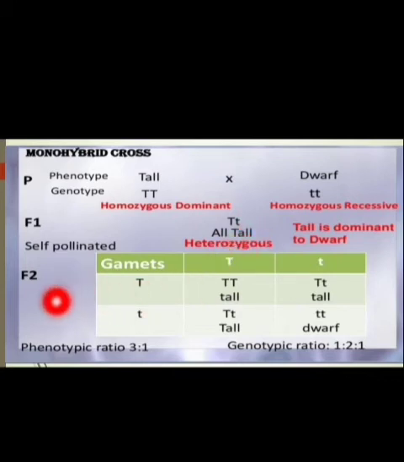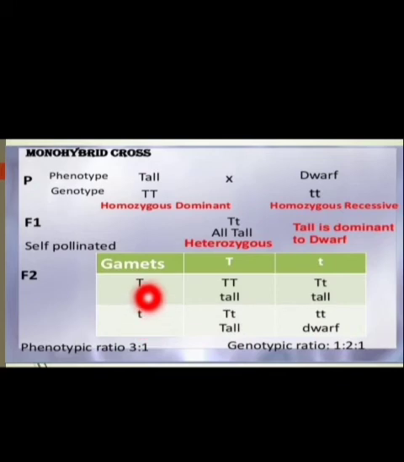Then next, what is F2 generation? When the F1 generation is self-crossed, it produces the F2 generation. Homozygous parents produce only one type of gamete, but the heterozygous parent produces two types of gametes, that is capital T and small t. When we take the cross, then in the F2 generation 4 offspring are formed.